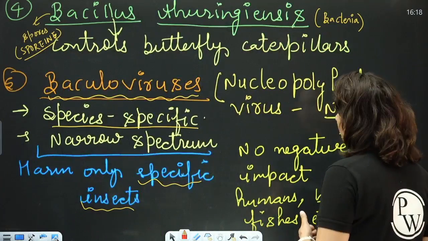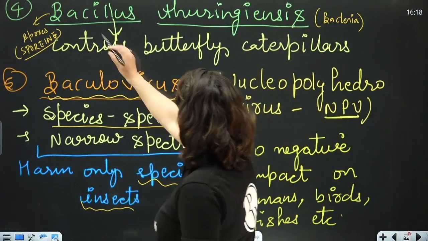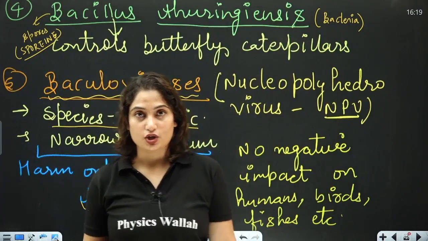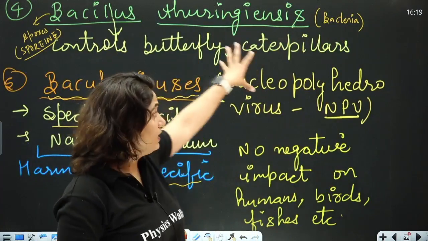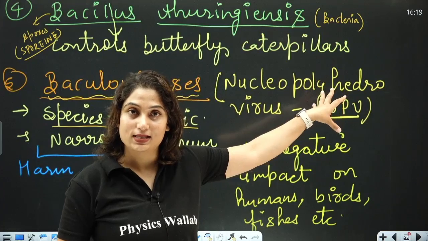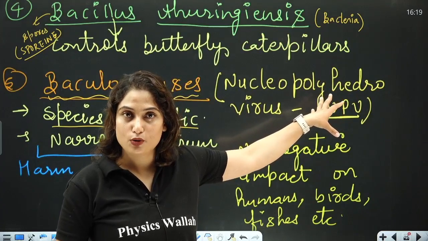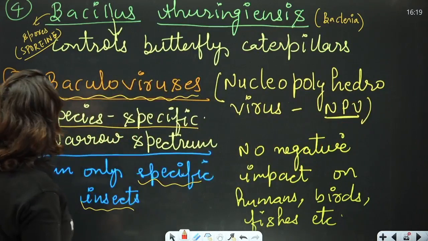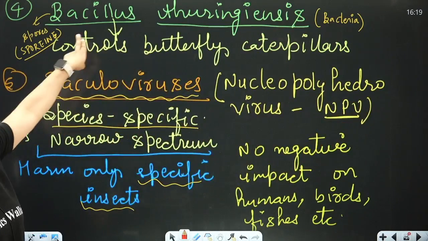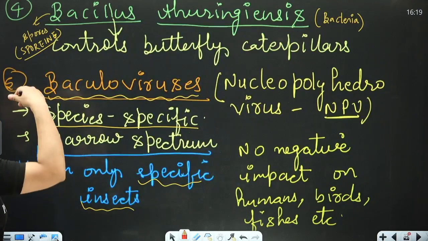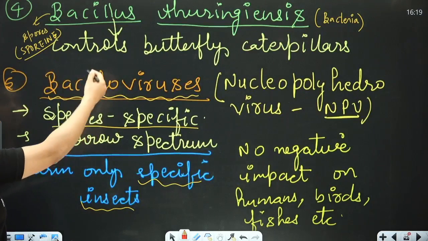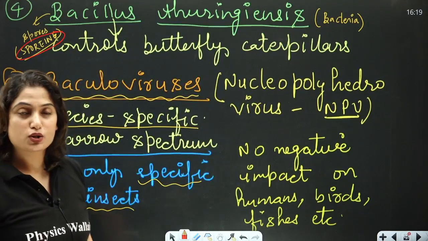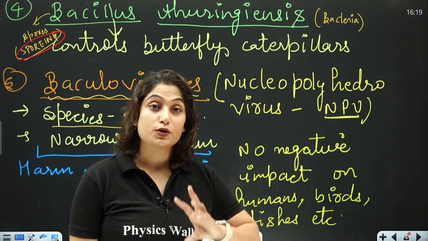Okay, now comes Bacillus thuringiensis. You must have heard this in biotechnology, that this bacteria, Bacillus thuringiensis, produces a certain kind of spores, and those spores can control the insect population. So the spores of this bacteria are sold in the market by the name of sporine.